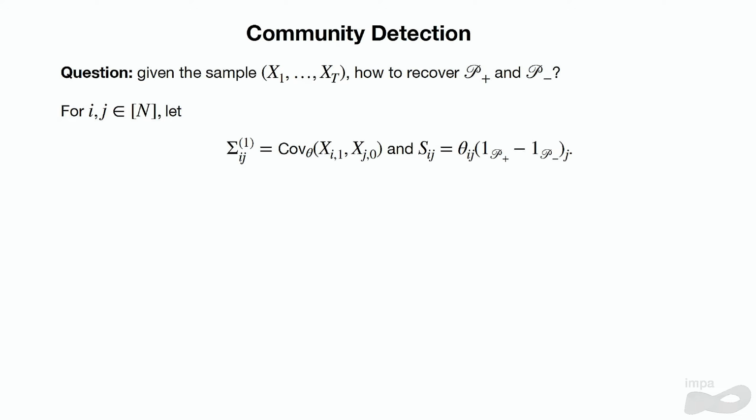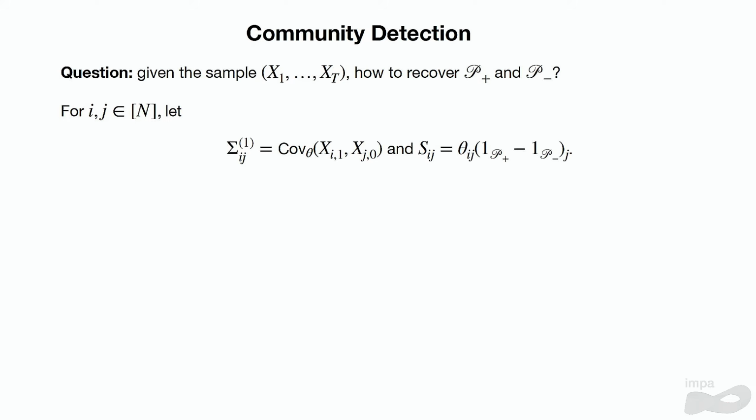So that's what I wanted to say about this problem of estimating p. In the remaining 15 minutes, I want to discuss how to recover P plus and P minus, which is related to this community detection problem, okay?